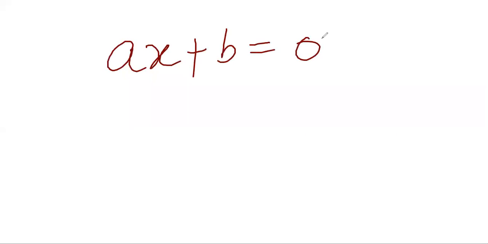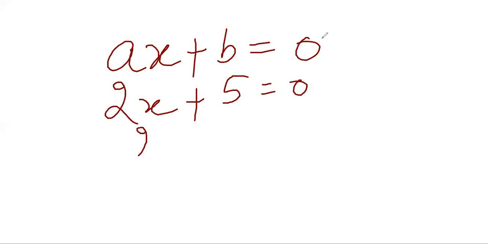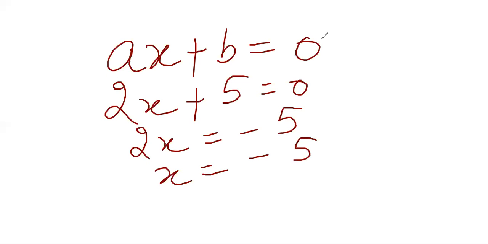See, previously we have done this kind of equation, ax plus b equal to 0. Like suppose 2x plus 5 equal to 0, 2x is equal to minus 5, x is equal to minus 5 upon 2.